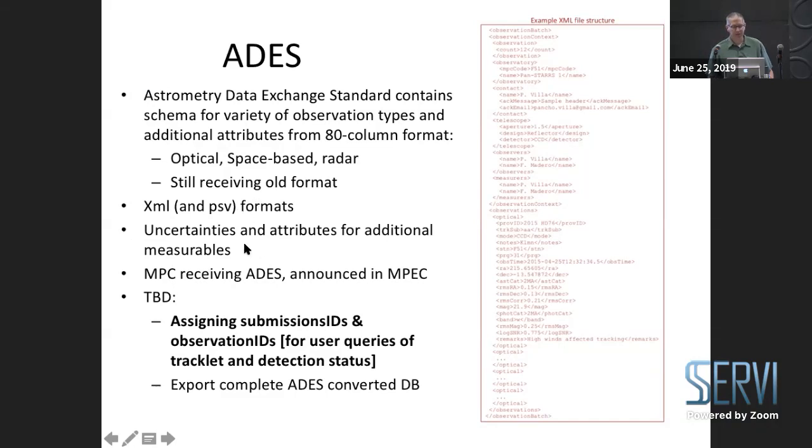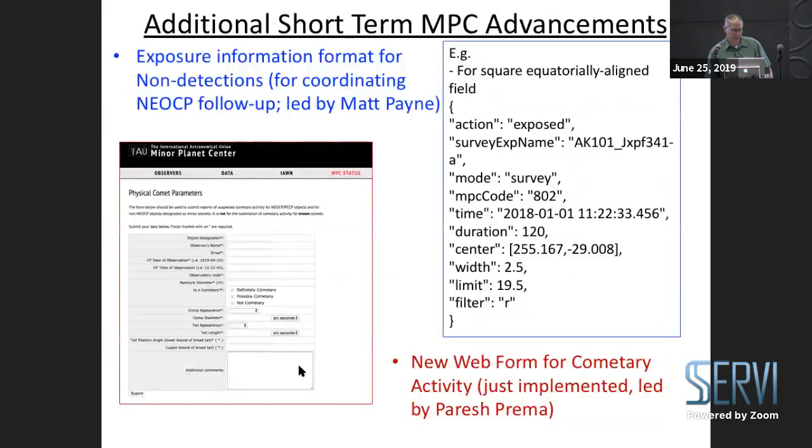This allows for the reporting of uncertainties in astrometry and other attributes like photometry to the Minor Planet Center, and that goes into the database for the Minor Planet Center, and the new database will incorporate that and distribute the full data of the ADES, available through the ADES format.